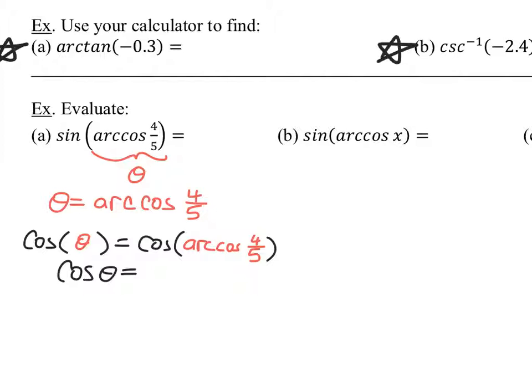On the right-hand side, the cosine and the arc cosine are going to cancel each other out and leave you with just 4/5. All right, but it's still really not telling us anything we didn't already know, until I consider that the cosine ratio is the adjacent side over the hypotenuse of a right triangle.